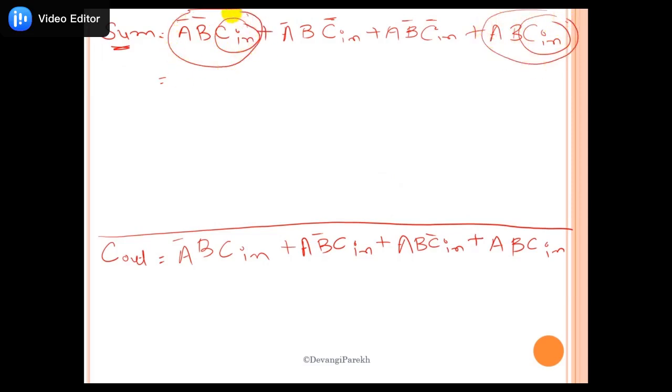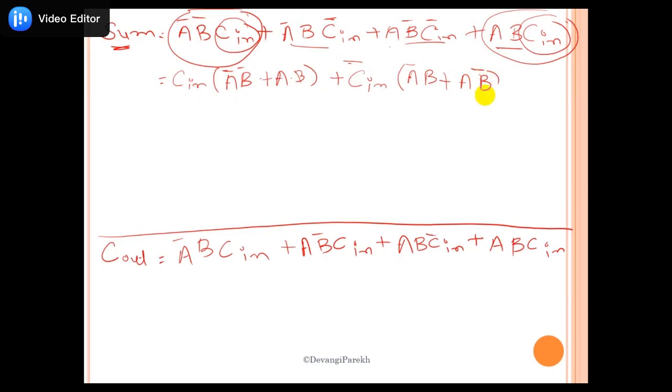So here I can write C in bracket A bar B plus A B. And from these two terms I am going to take C in bar common. So here I have to write A bar B plus A B bar.